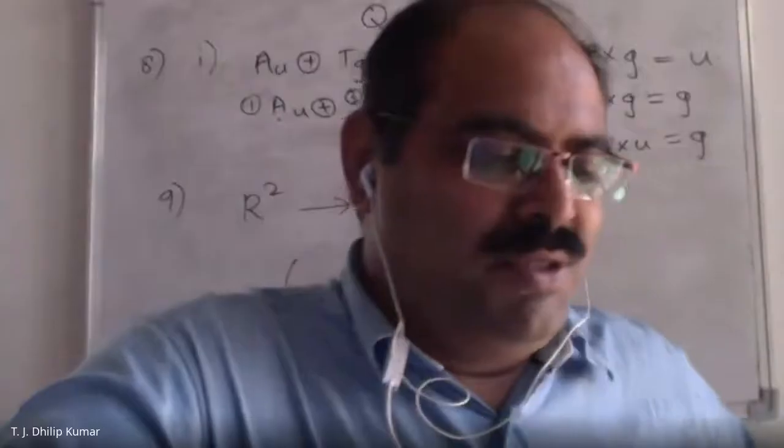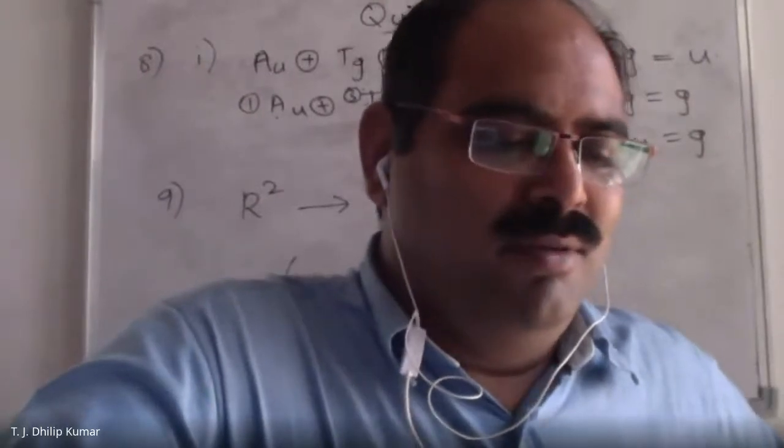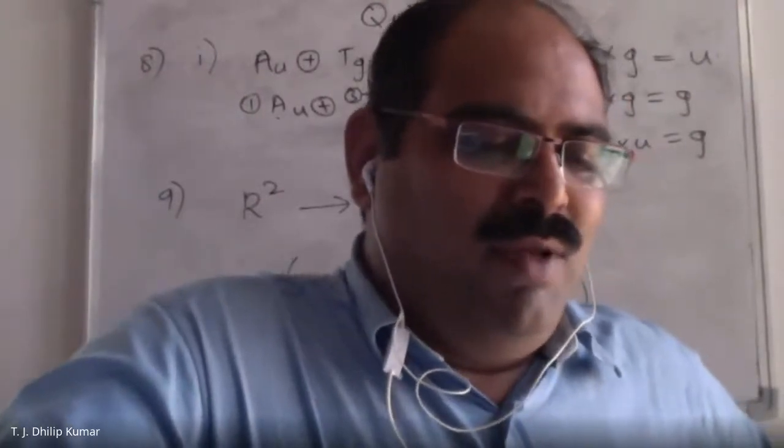Hello, sir. Yeah, go ahead. Sir, in the fifth question, I have not done the similarity transformation, but I have written the reason for the four classes. What reason? Like how different symmetry operations form different classes.